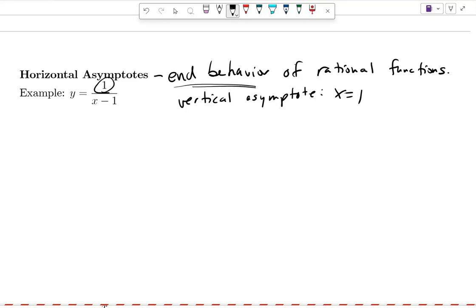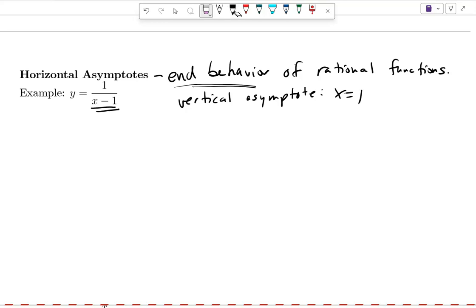Does your numerator ever change in this problem? No. Okay. So all we're interested in is looking at the denominator. If I put really, really big numbers in there and do 1 over that, what do the numbers become? Are they getting bigger or smaller?